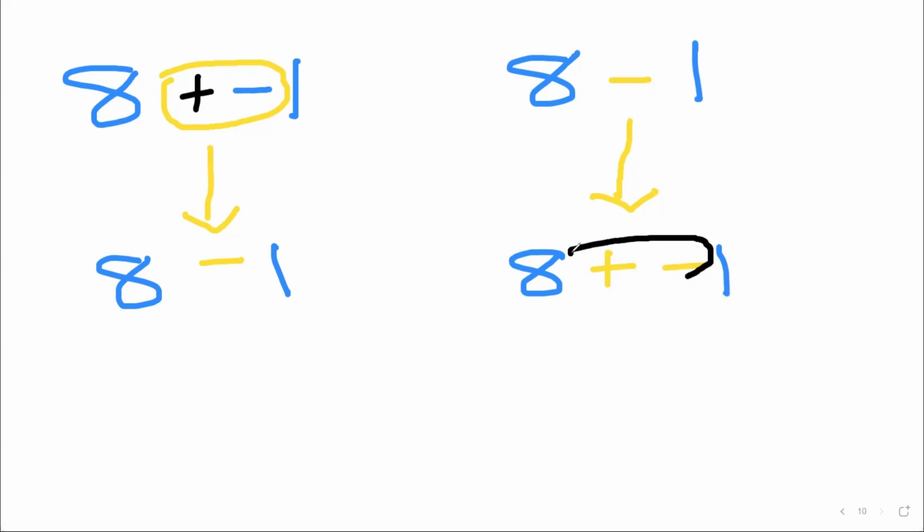If that makes sense, we can go from a minus to plus a negative in the same way that we can go from plus a negative to a minus. They mean the same thing. Adding a negative is the same as subtracting. That's what we learned in the second video, the last video. So we could work backwards and say subtracting is the same as adding a negative. Does that make sense? Subtracting is the same as adding a negative.